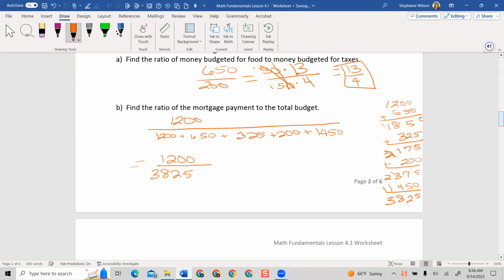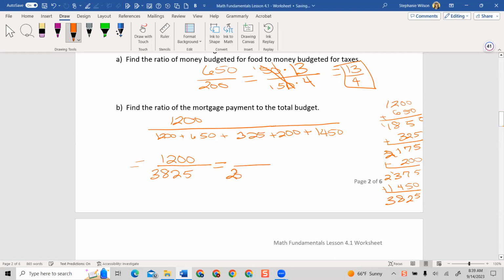So now if it will reduce, I'll try to reduce. Well, since 1,200 ends in a 0 and 3,825 ends in a 5, I'm going to start a little big. I'm going to try dividing it by 25, because I notice right here is 3,825.